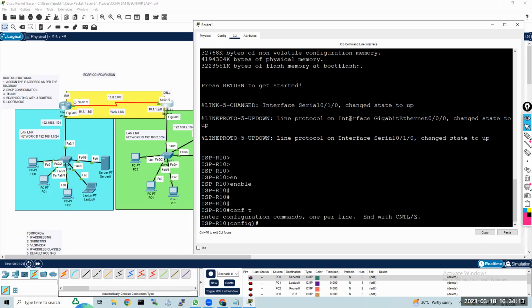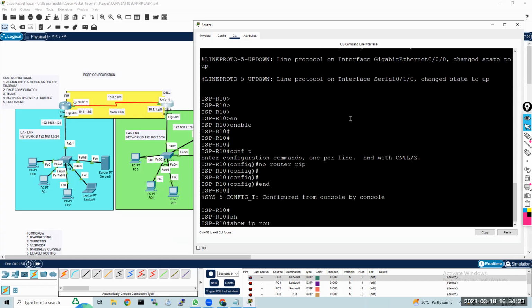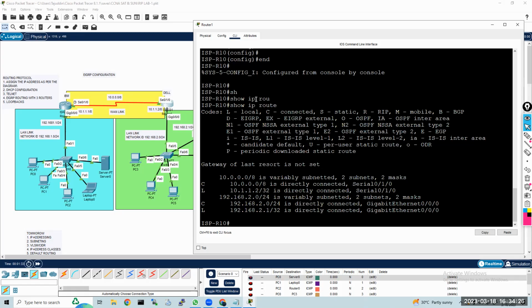Go to global configuration, no router RIP. Show IP route. Now everything is removed.